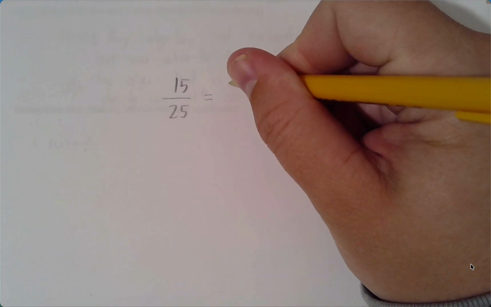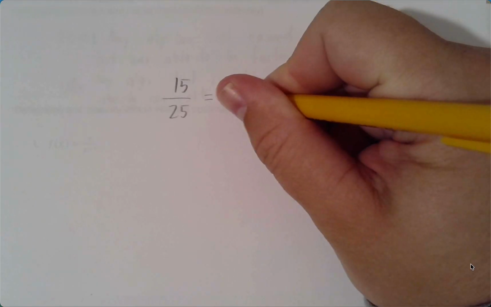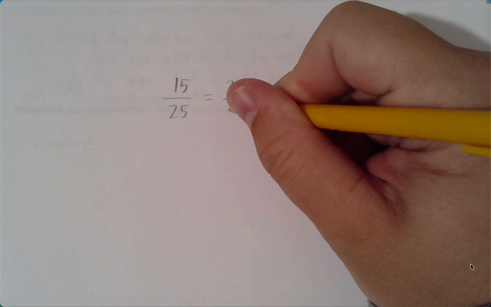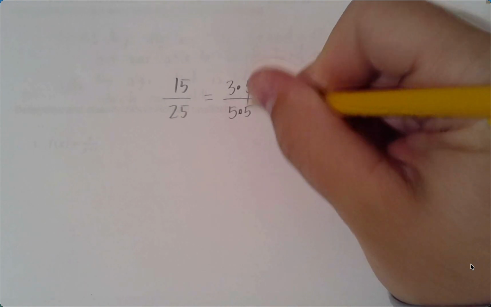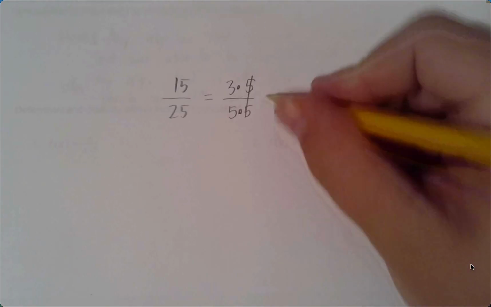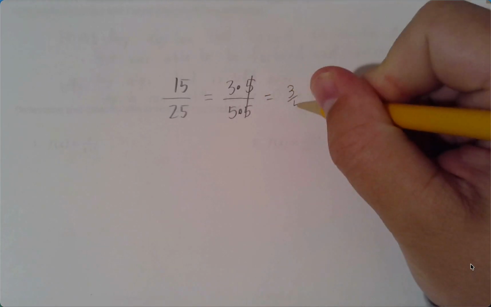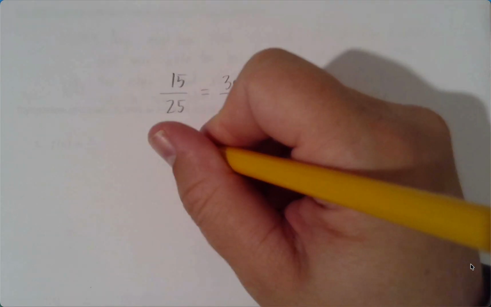The answer is yes. Now, why can it be reduced? Because 15 is 3 times 5, and 25 is 5 times 5. And the common 5's cancel, and they cancel because they were multiplying, and I'm left with 3/5. Now, watch what happens instead. What if I do something crazy like this?